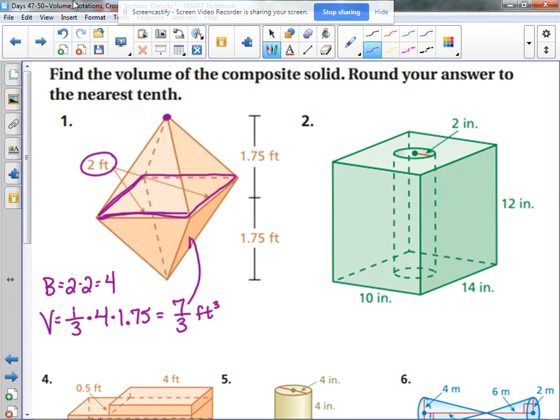So that is one of our square pyramids. Are these two figures that we put together the same? Are they identical? Okay, in this case, they are identical. They have the same heights. They have the same length and width. So they are identical, so we can either do 7/3 plus 7/3, or what could we do? Multiply by 2. So we get 14/3 cubic feet for the entire figure.